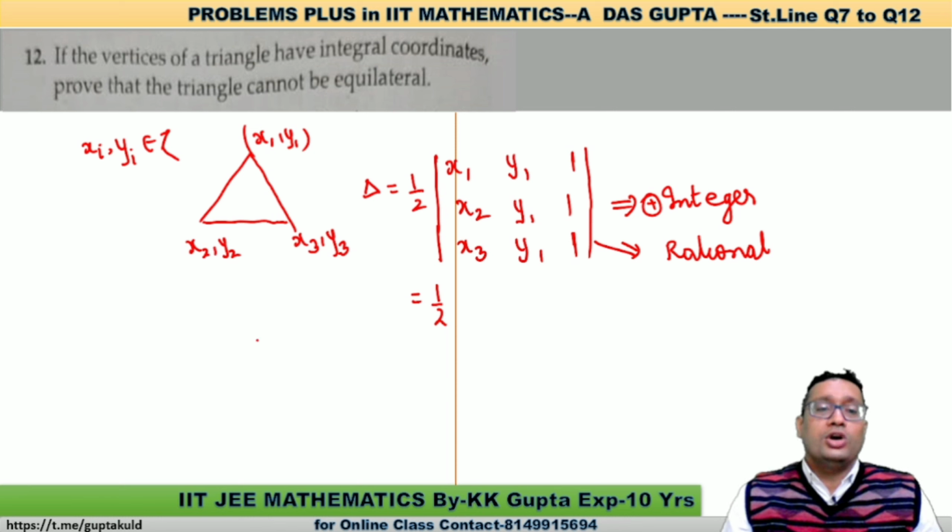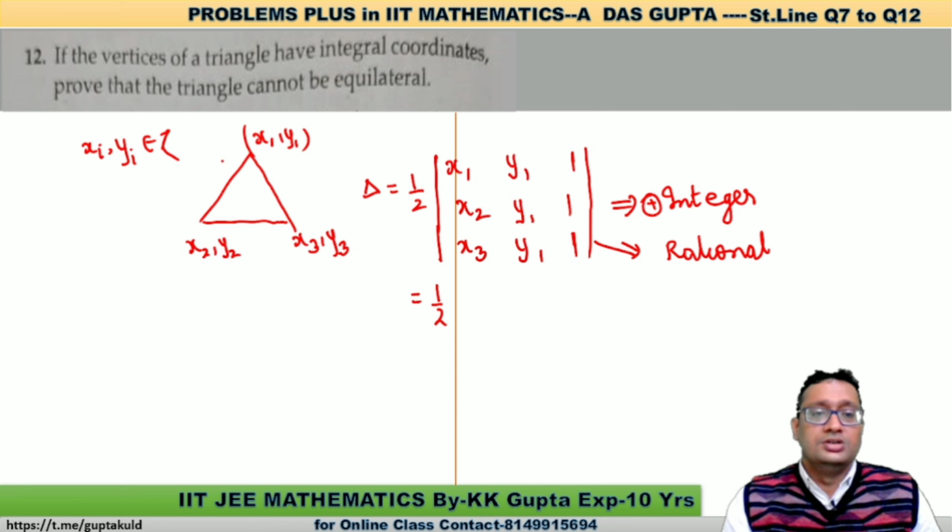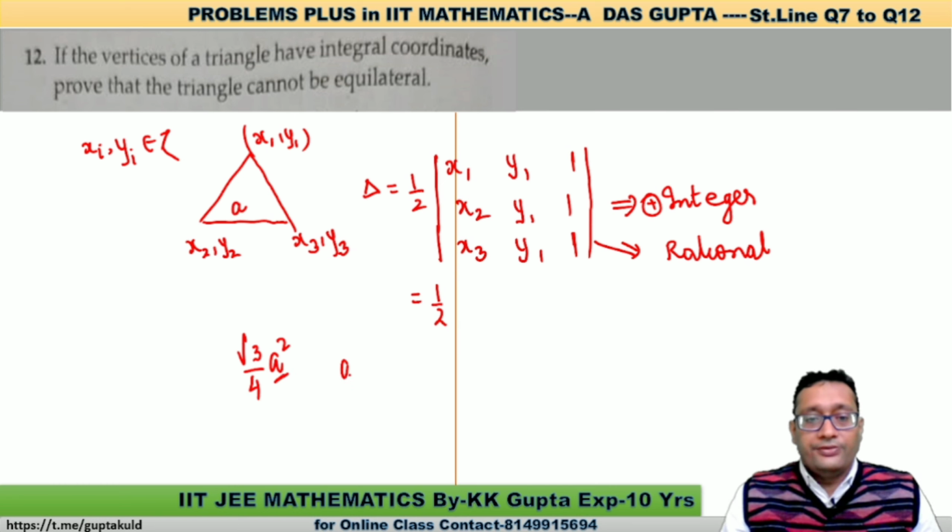Okay, and what is the area of an equilateral triangle? This will be root 3 by 4 a square. Let's suppose this side is a; a may or may not belong to the integers, but a square will belong to the integers. So this integer times root 3 by 4, the area becomes irrational, because the integer is there and root 3 is irrational. The square will be an integer, like (5 minus 6) squared plus (8 minus 5) squared, anyhow the square will become an integer.